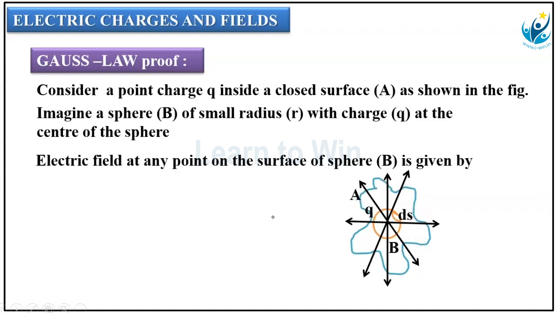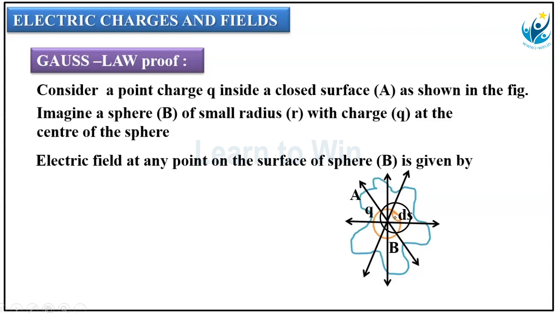Now, the electric field at any point on the surface of sphere B, due to a charge Q at a distance small r, is given by the following.